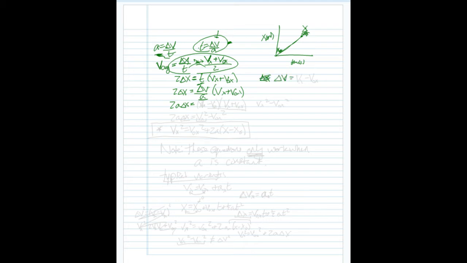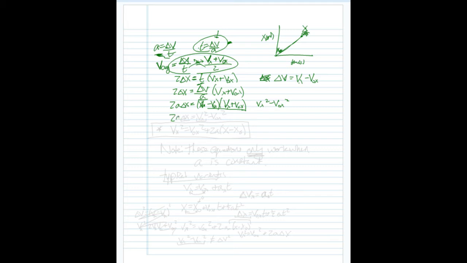is going to be equal to the final velocity, which is vx, minus the initial velocity, which is v0x. So I can replace my delta v in the equation with vx minus v0x. I'm still multiplying that by my sum of the two velocities. If we were to multiply that out, we would actually end up with vx squared minus v0x squared.